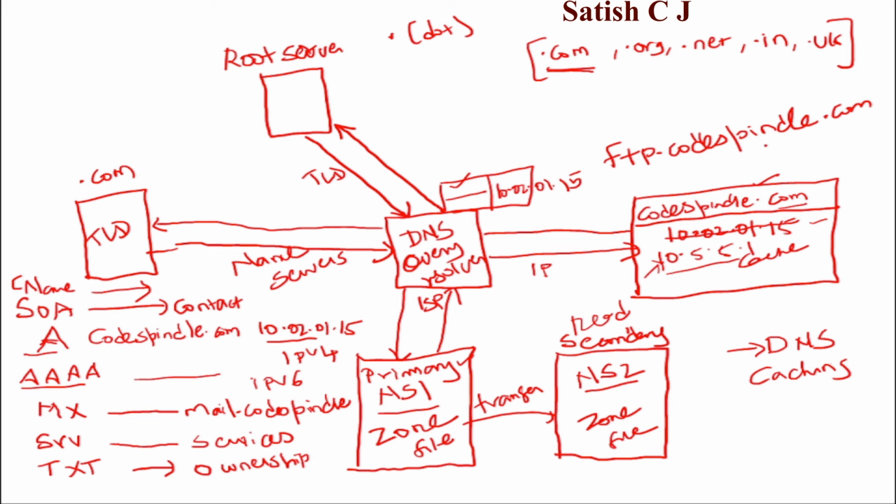What other kinds of attacks can happen? Say you're trying to query the DNS query resolver. The DNS query resolver contacts the name server, and the name server responds with an IP. So here, instead of the name server responding with an IP, the hacker can respond with his own IP, as if he is the name server responding.